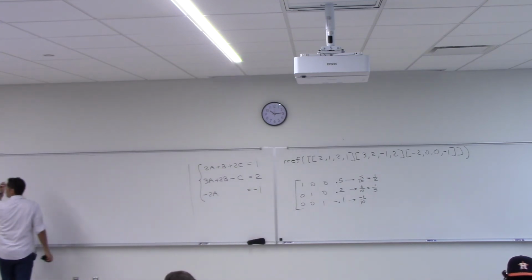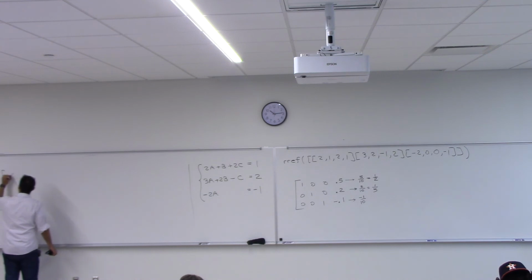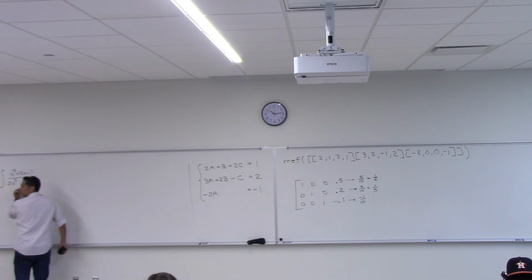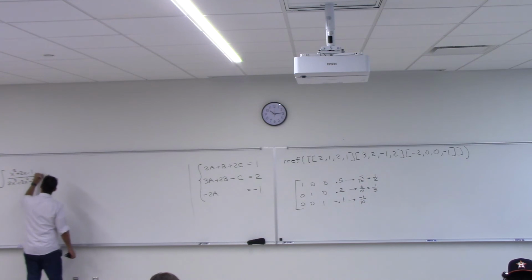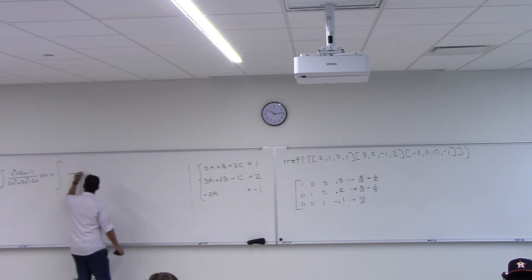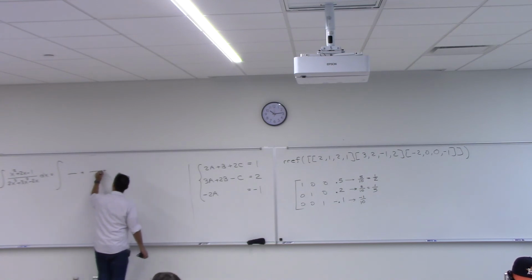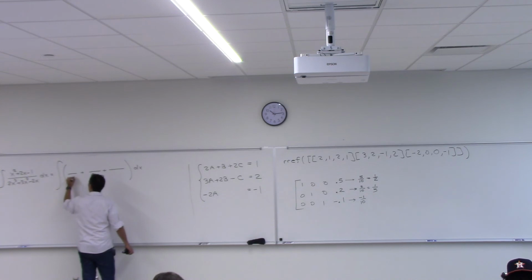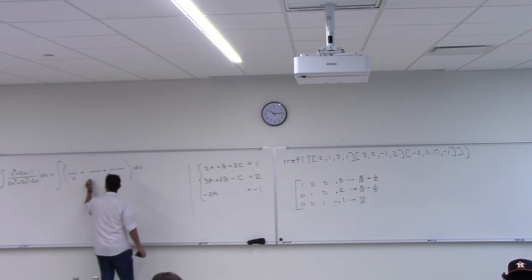So let's go back to the original integral. X squared plus 2x minus 1 over 2x cubed plus 3x squared minus 2x dx. We know that that now becomes the integral, and it was three things, right? It was over x, and then what was my next one?